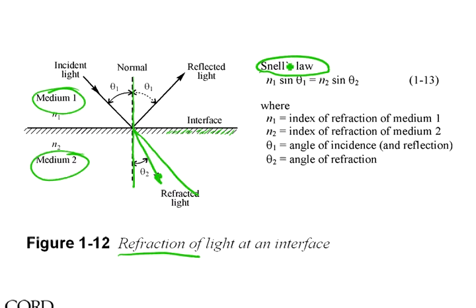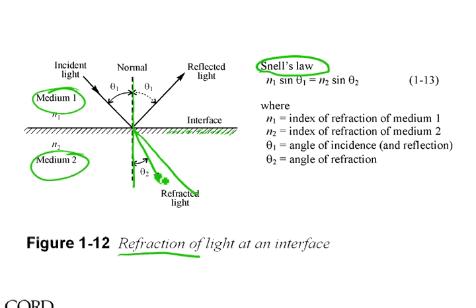So if you go from air to glass, if you go from air to water, if you go from air to oil, any kind of medium which has an interface or a boundary between the two, right after it crosses that boundary, if it goes from thinner to thicker, it will bend towards the normal.